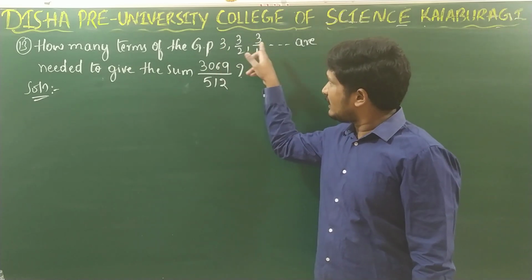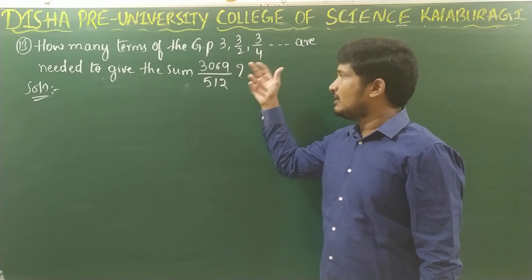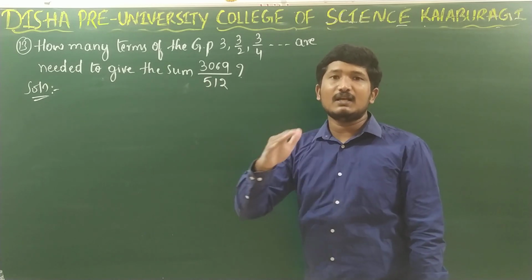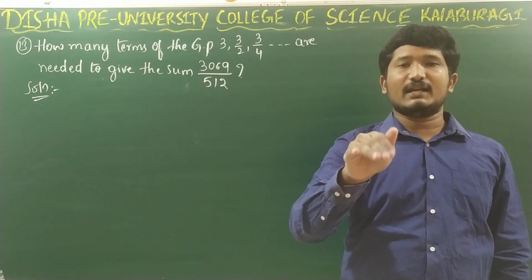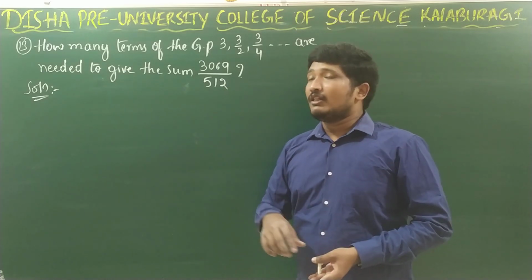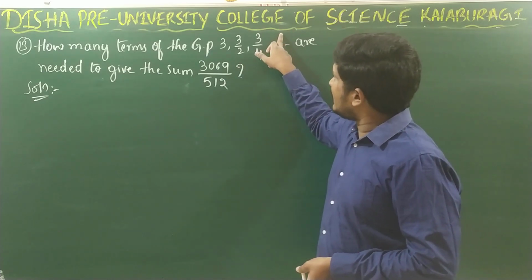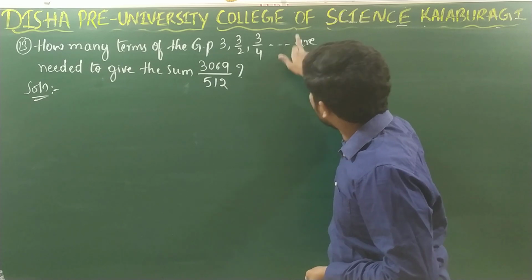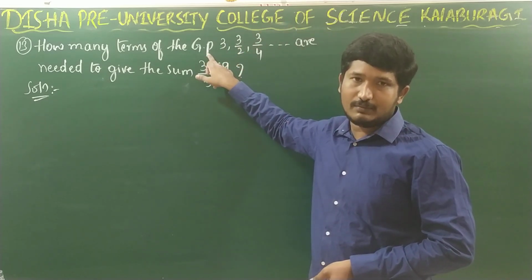Right? So we are given the geometric progression. We are given the value for the sum, that is, we take it as Sn. What do we have to calculate here? We have to calculate the total number of terms in the geometric progression.